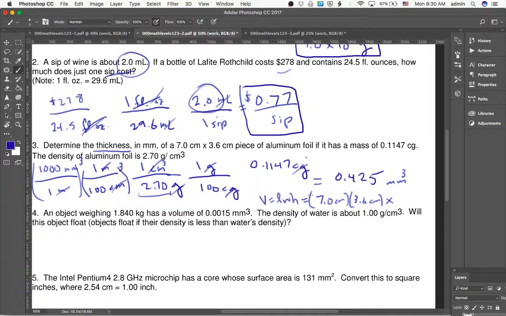Because the volume equals 0.425. So I can say right here, 0.425 millimeters cubed equals all this. But see, this is millimeters cubed and these are centimeters. So I need to convert all these to millimeters if I want to do the problem in this way. You don't need to do the problem this way, but if you want to, you have to convert everything to millimeters.